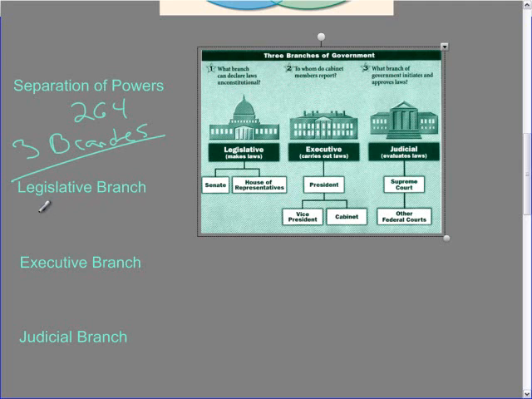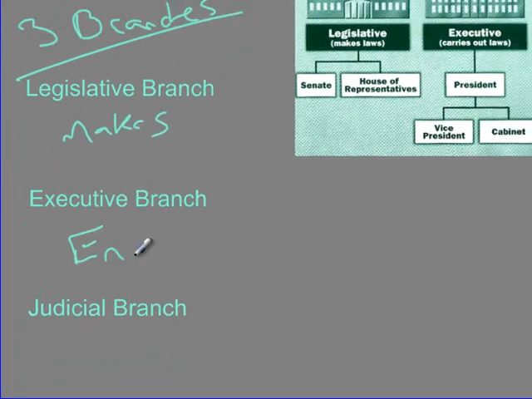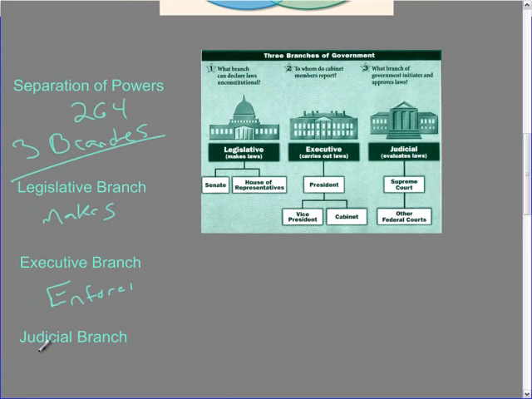But legislative branch makes the laws, executive branch enforces, and the judicial branch interprets. So the legislative branch is Congress, executive branch is the president, and the head of the judicial branch is the Supreme Court. Each of them has separate powers. Each of them has different things that they can and can't do, and you need to look at those in all of the 3 articles of the Constitution.